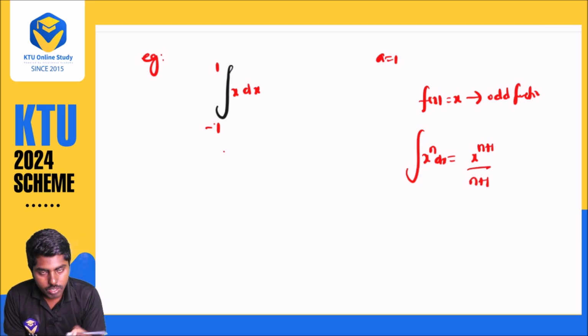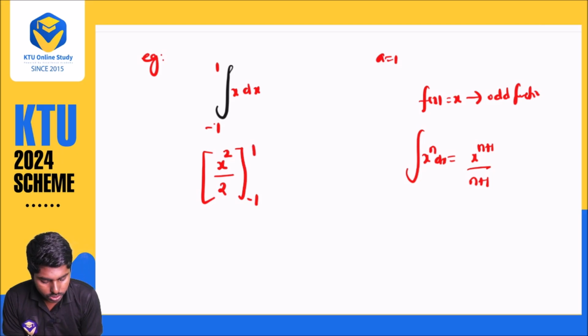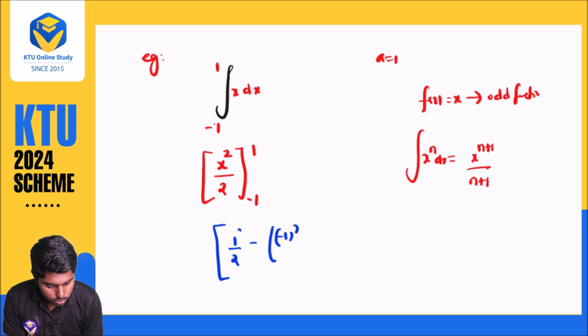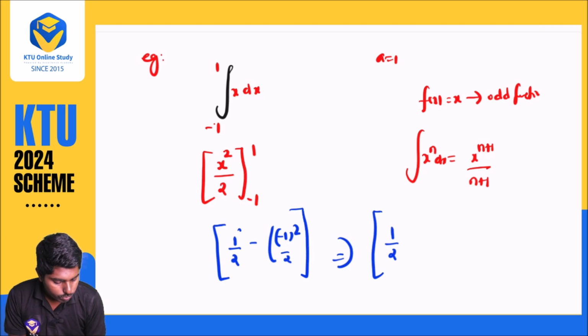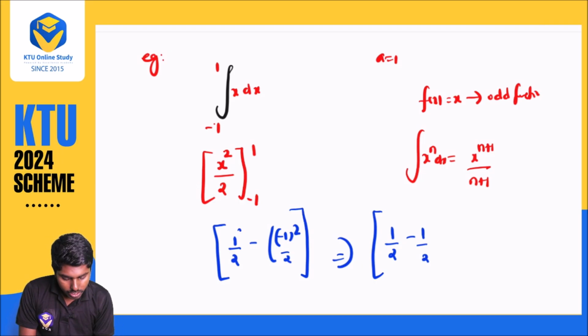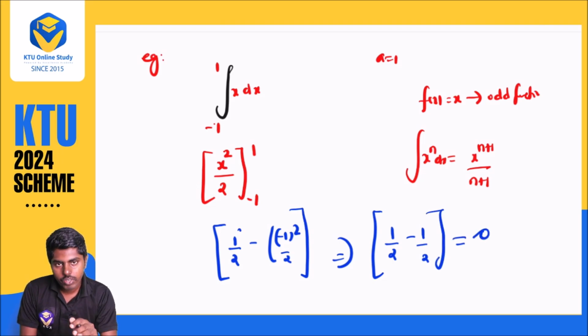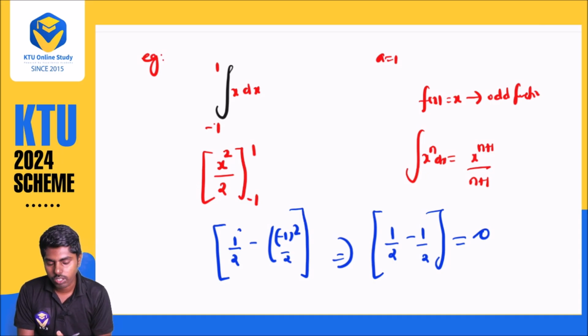So it will become x square divided by 2, with limit minus 1 to 1. Upper limit minus lower limit: upper limit 1 square, so 1 by 2, minus minus 1 the whole square divided by 2. Minus 1 the whole square is 1, so 1 by 2 minus 1 by 2 will automatically become 0. This is the reason we say odd function gives 0.